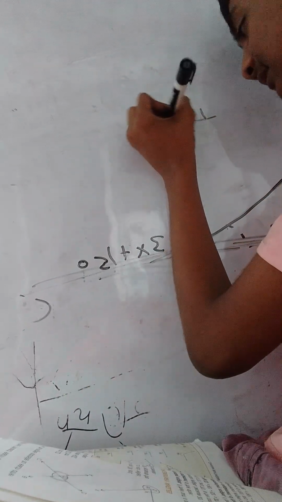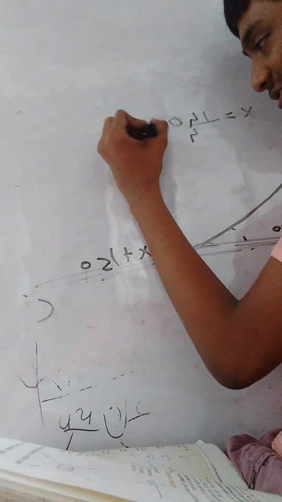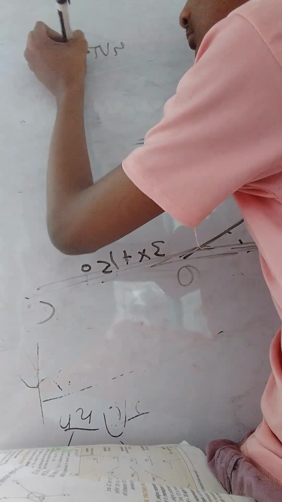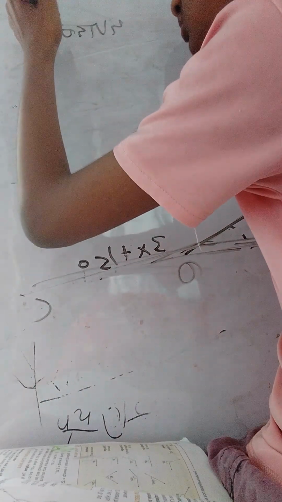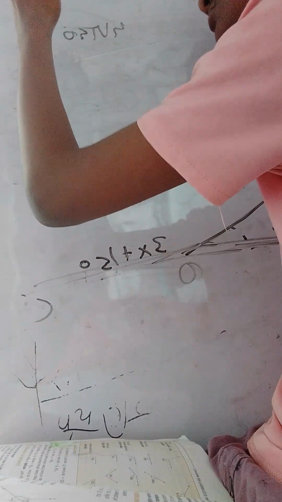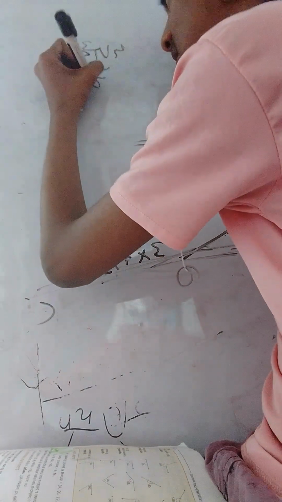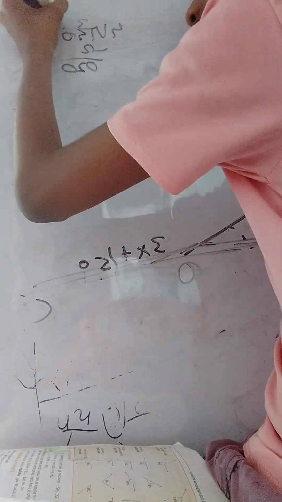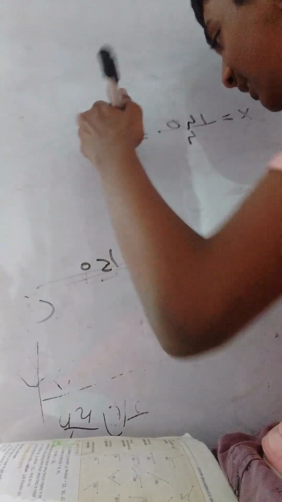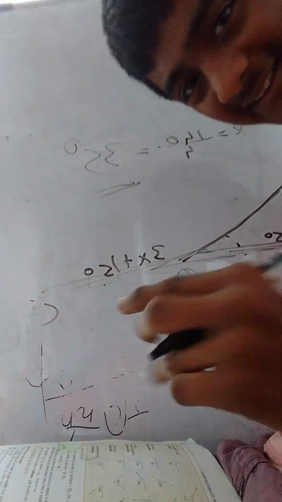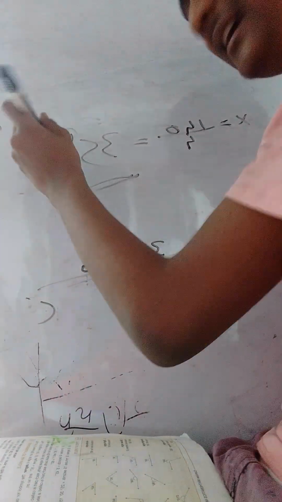Now, x is equal to 140 divided by 4, which is equal to 35. So guys, x is equal to 35 degrees.